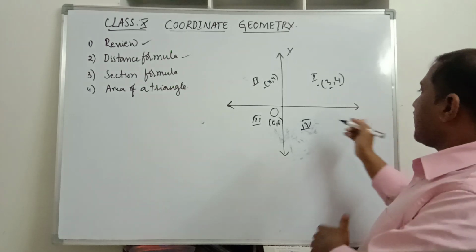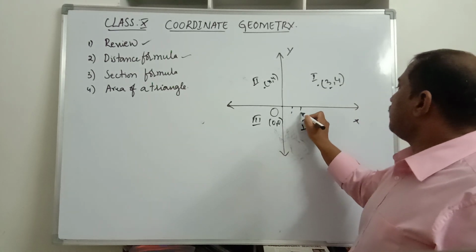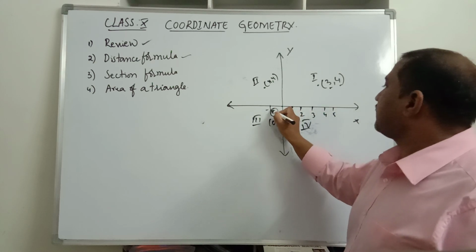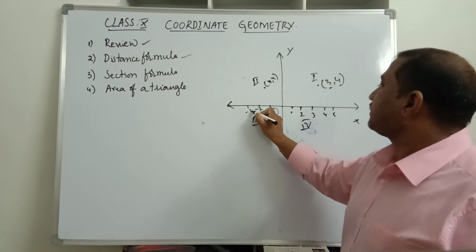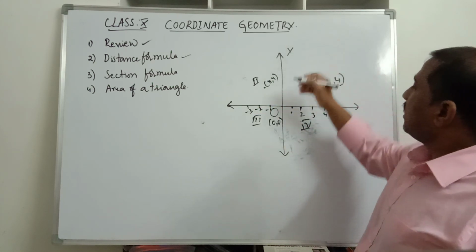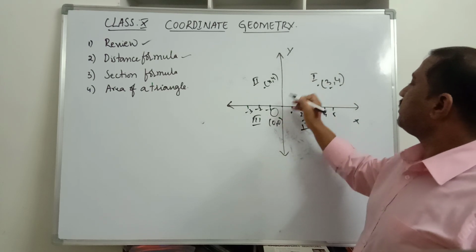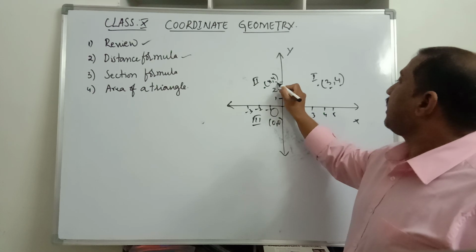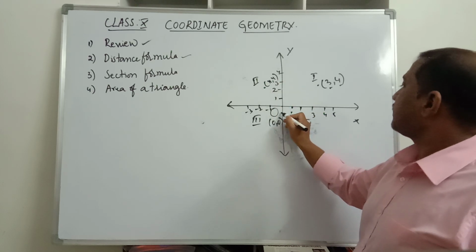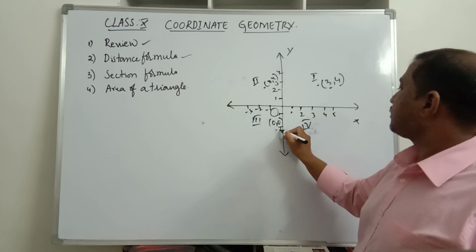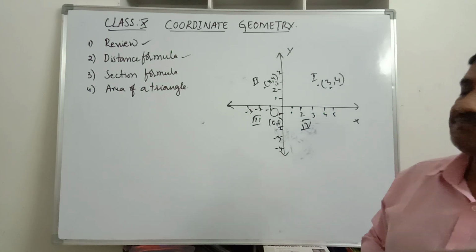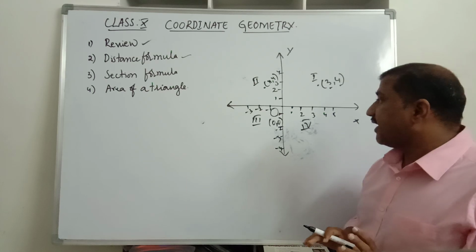On the x-axis, the right side takes the values 1, 2, 3, 4, 5, and the left side takes -1, -2, -3. On the y-axis, above the origin we take positive values 1, 2, 3, 4, and below it -1, -2, -3 and -4.